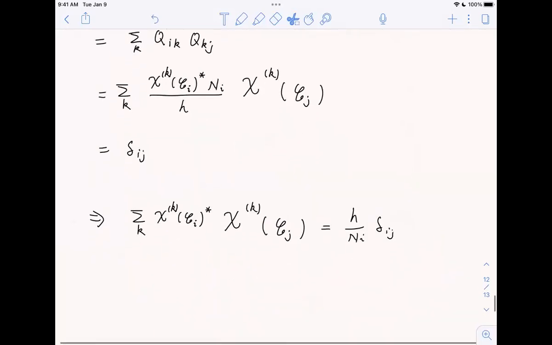So what does this relationship mean? Let me make this slightly smaller.